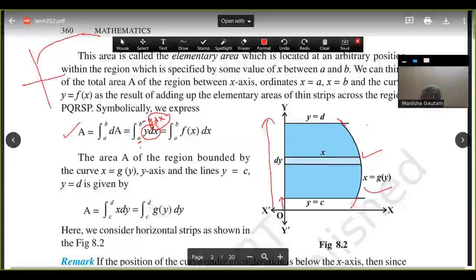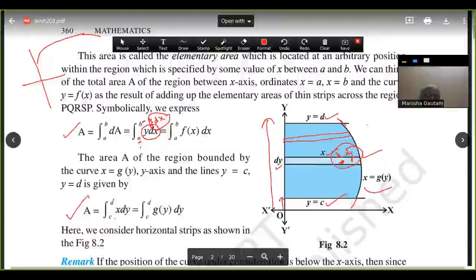Now if we form a rectangle, as one rectangle is shown in the figure, let this be the x and this be the dy, because it is on the y-axis, so it is a dy. Now area of this rectangle will be x into dy, and we have to calculate the whole area, so we will integrate from c to d the function g(y) into dy. Now this integral from limit c to d will give you the whole area which is shaded in figure 8.2. So here are two ways.